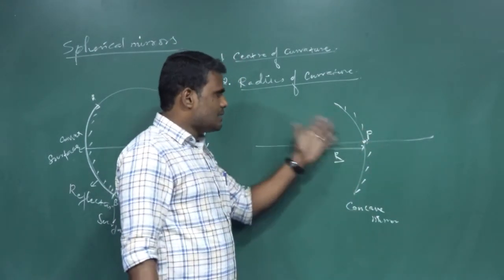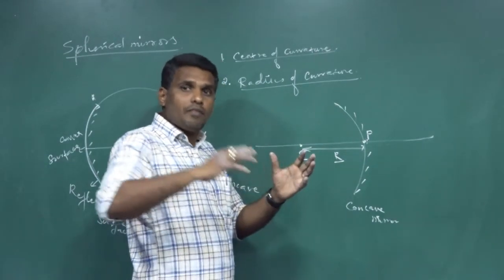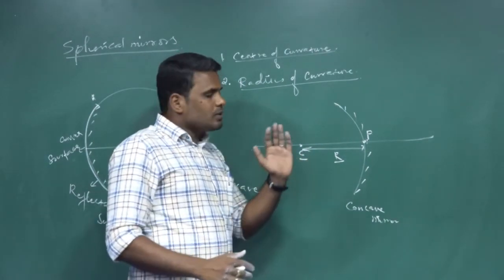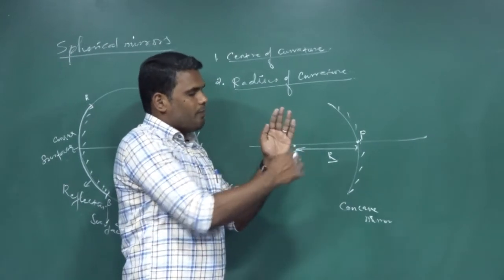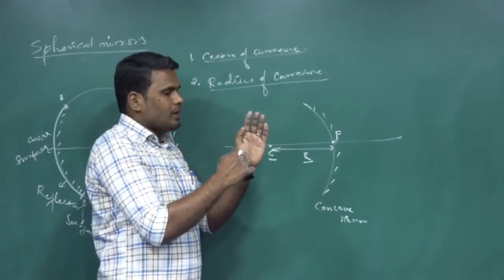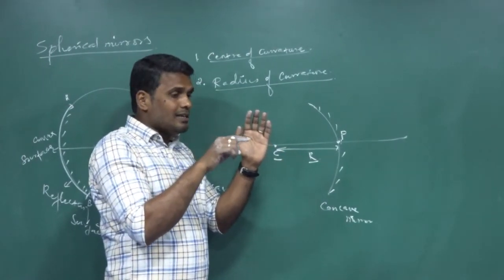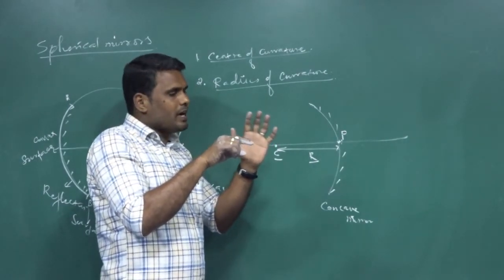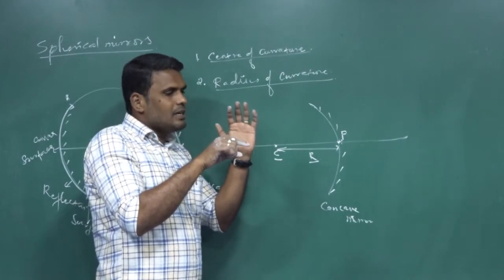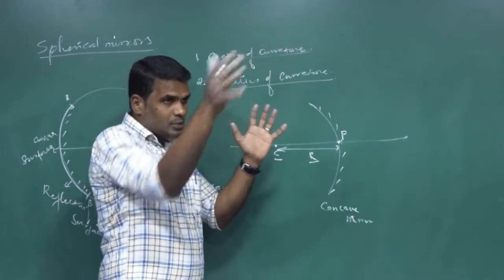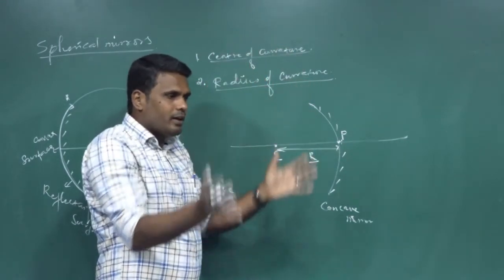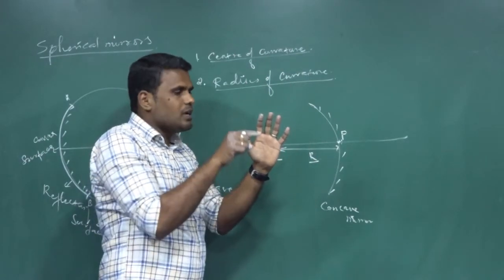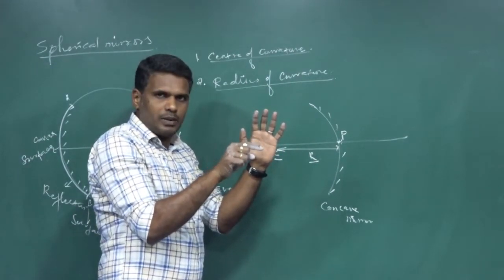We have taken the spherical surface separately from a sphere. Now the spherical surface will be in this form. See this one? The center of curvature is chosen at this particular point because this spherical surface is a part of the entire sphere. Assume there is a sphere over here, and this is the spherical surface for which this is the center of curvature.